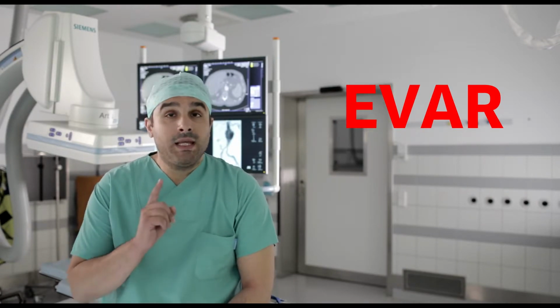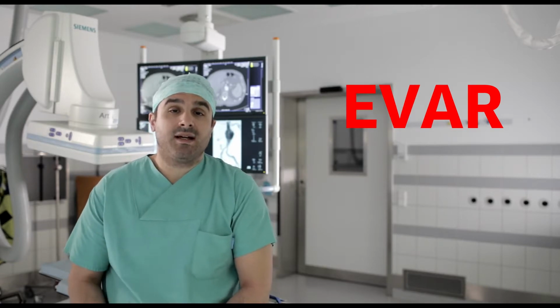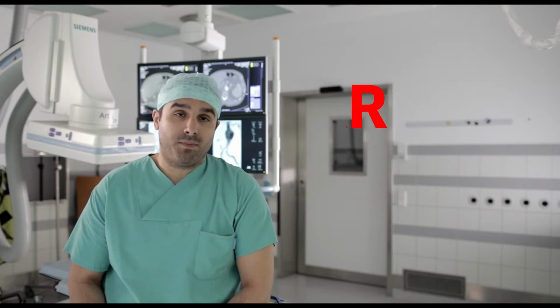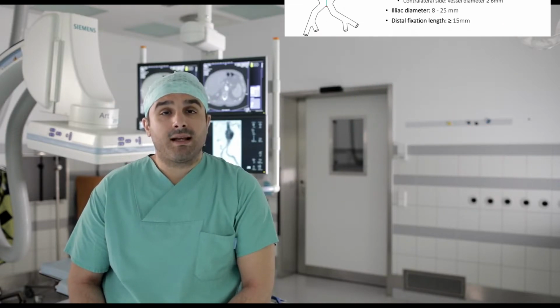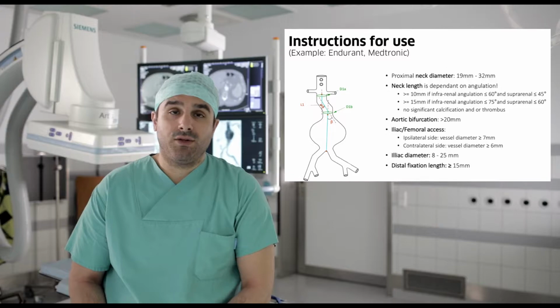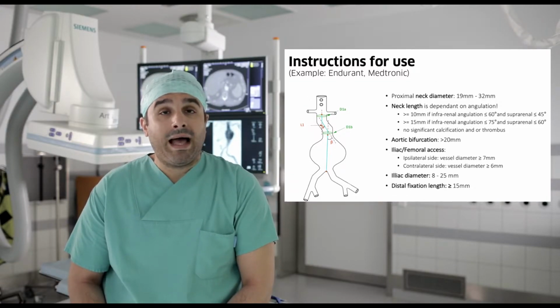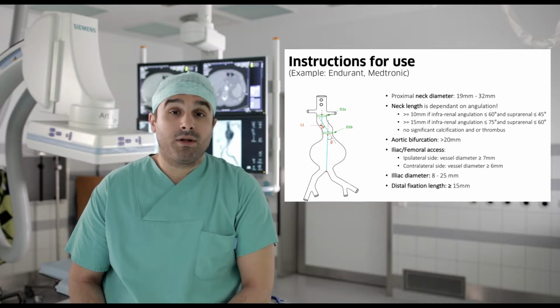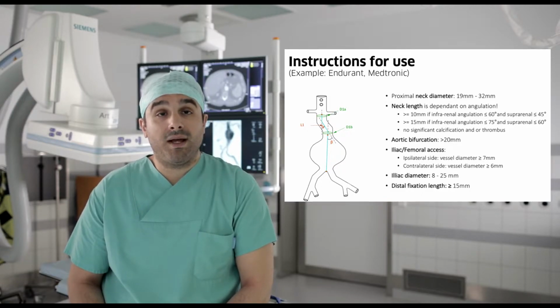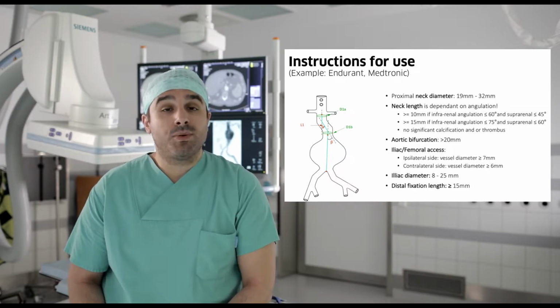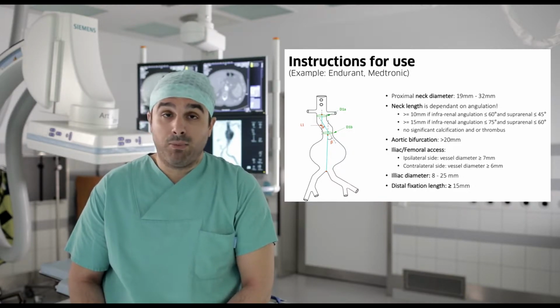First of all, keep in mind to stay always inside the instructions for use in order to achieve the best outcome for your patient. Here is an example of IFU for the Endurant device. You can see that you have to have a proximal neck diameter between 19 to 32 millimeter, the neck length, and more important, the infra and suprarenal angulations play an important role.